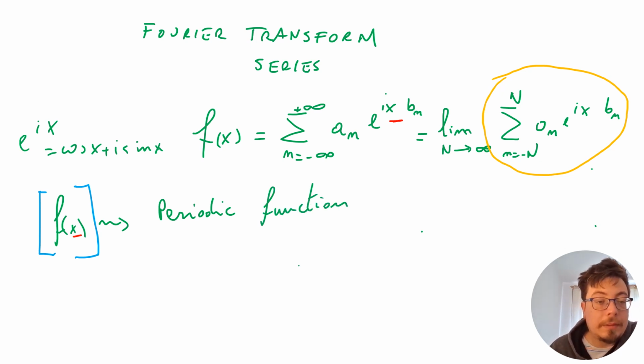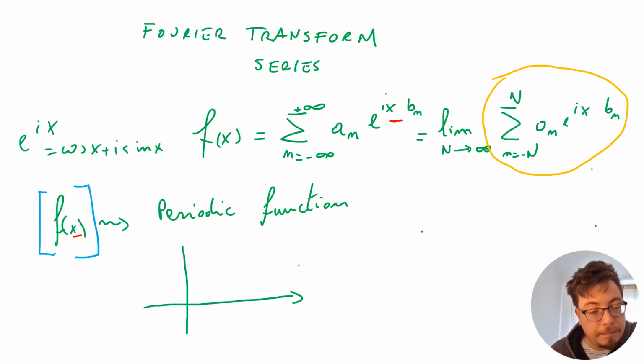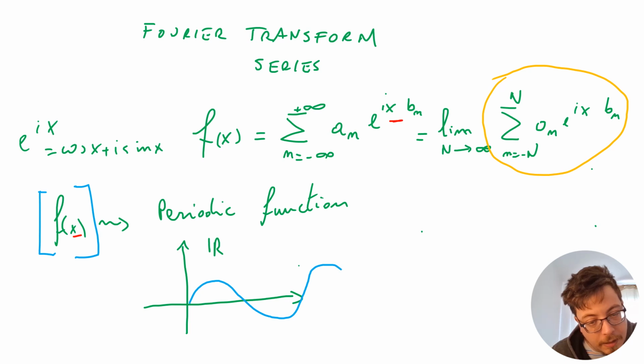So if you think about a periodic function, we saw already some, let's pick in the real plane. So let's forget about complex numbers for a sec. A periodic function is a function that has the same values repeated over and over again after a certain what is called period.